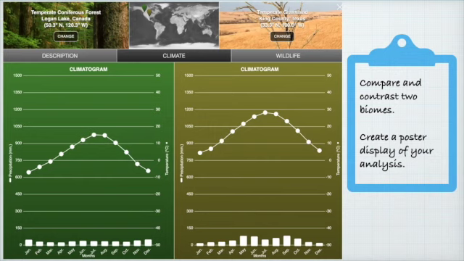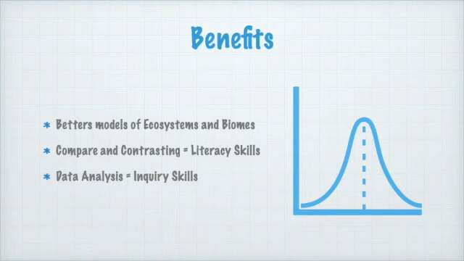Students were given an assignment to compare and contrast any two locations from different biomes and to create a poster display of their analysis. By shifting away from students passively reading and hearing about a single biome and moving them towards actively comparing and contrasting different biomes, we were able to facilitate students building better models of ecosystems and biomes.